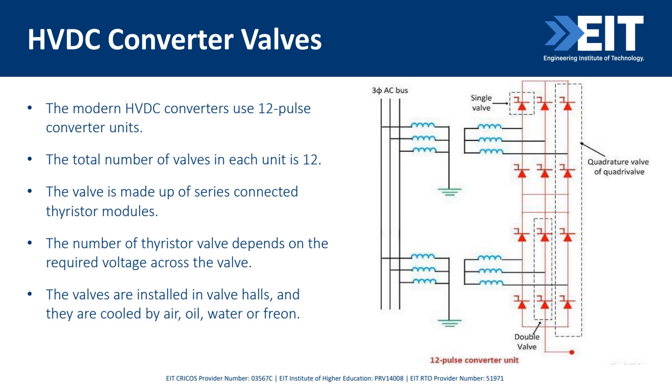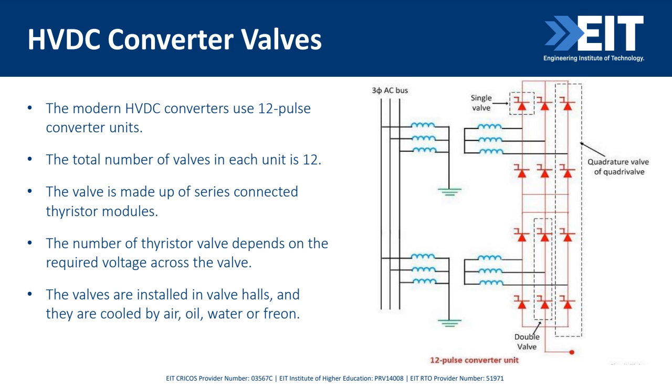These valves are installed in a valve hall and they are cooled by air, oil, water, or freon. We have some kind of cooling mechanism because of the switching on and off, as these are not ideal valves.